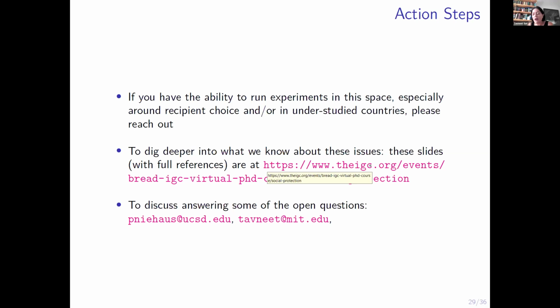I was just going to say there are a couple of papers that do run a horse race between conditional and unconditional. Certainly, they find different impacts of conditional and unconditional. But yes, you're right. Conditional targets usually health and education investments directly.